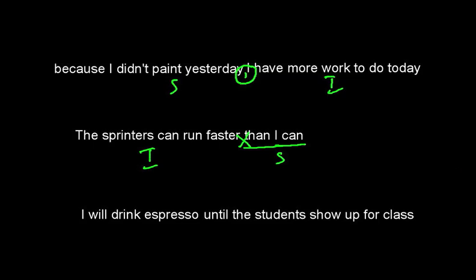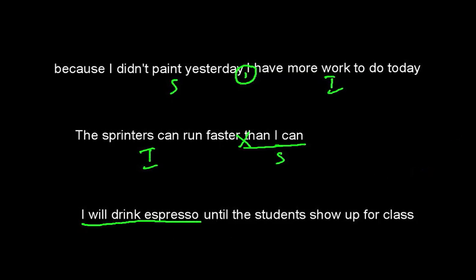Okay. I will drink espresso until the students show up for class. This shows how long I will drink espresso, which sometimes can be a long time if the students are late showing up. So we have I will drink espresso, independent clause, it's first, subordinating clause is second, there is no comma.